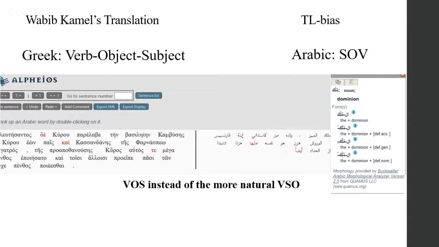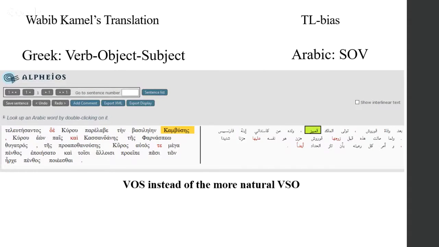Al-mulka. Al is the, mulk is the dominion or the throne. So Campises, we have here in the third place in the Greek clause, and in the third place in the Arabic. I should have told you that Arabic is a right-to-left language. So Parelape corresponds to Tawalla, tin Pasilian corresponds to al-mulk, and Campises is equivalent to Campises, which is in the third place.